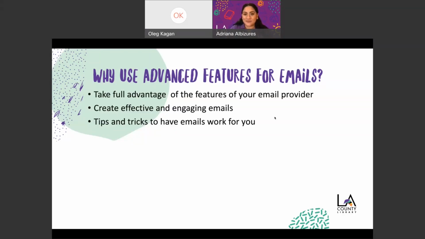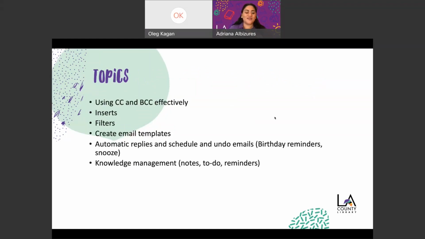So take, for example, an assistant can often help you. Well, you can make your email your assistant, and I'm going to show you how. So the topics that we're going to talk about are using CC and BCC. And also keep in mind that we're going to go from very simple features to more advanced features.